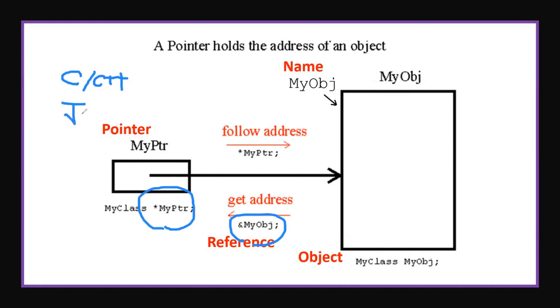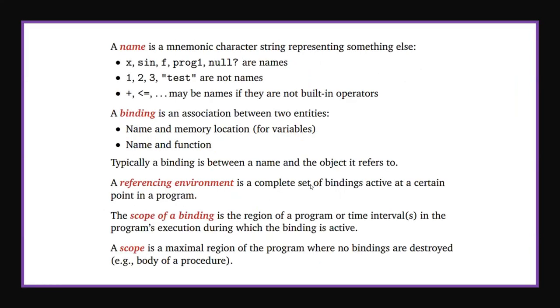In Java, reference is pointer, pointer is reference. So these two languages define reference and object differently. One thing you have to remember: one is the address, one is the object, and the two are reverse operations. In Python, we do not have that.